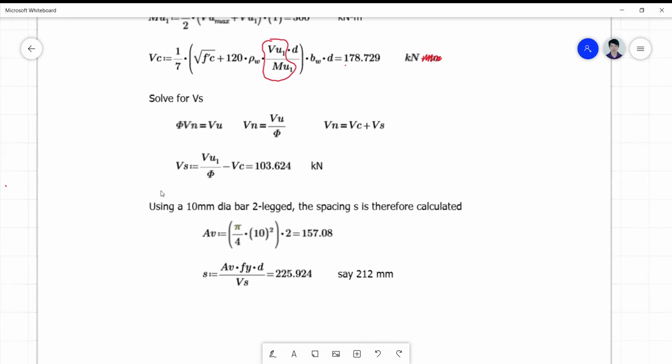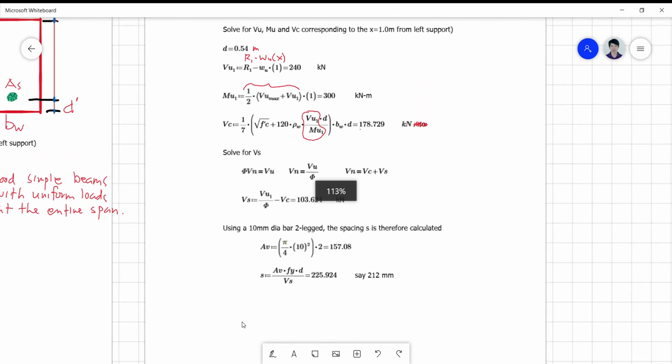So using again a 10 millimeter diameter two-legged bar, the spacing s is therefore calculated on the basis of the formula s = Av fy d all over Vs. So substituting the new value of Vs here, we have obtained 225.924 as your spacing requirement, rounding it down to the nearest 12.5 millimeter or 1/2 inch. So we can say that the spacing is good for, say, 212 millimeter.